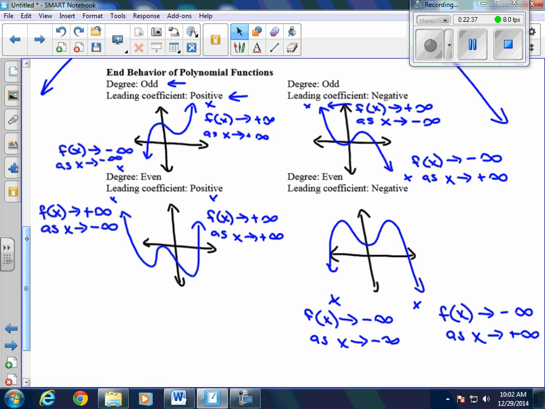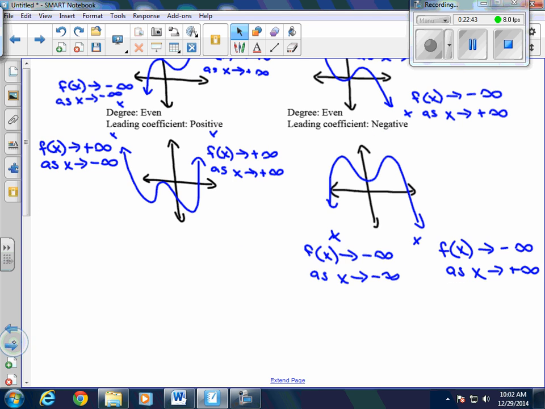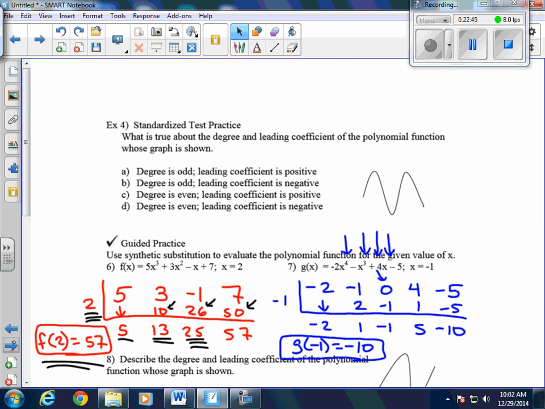Okay, so we want to look at graphing some of these using what we know now about things that we've talked about. So if we look at example 4, it says standardized test practice. What is true about the degree and the leading coefficient of the polynomial function in the graph shown? Well, we know that the end behaviors here are both going down.